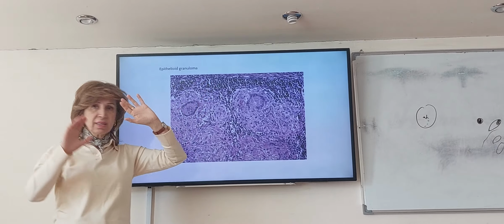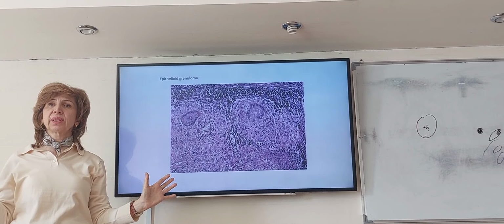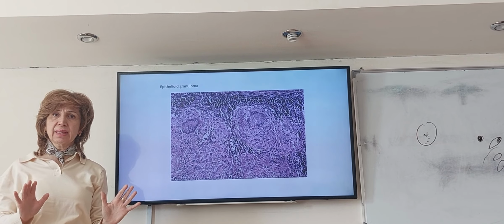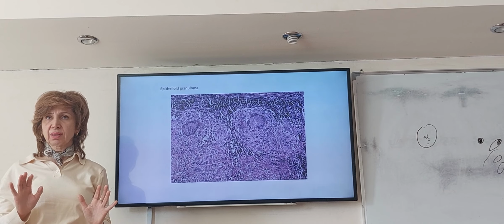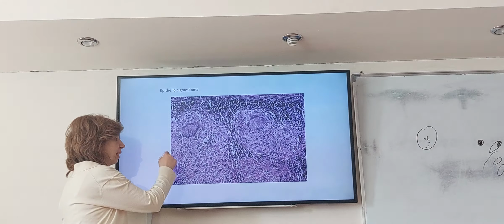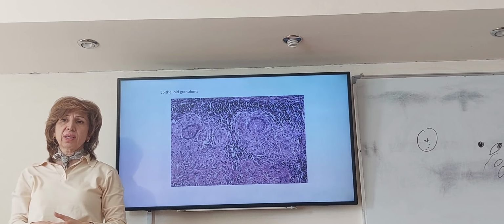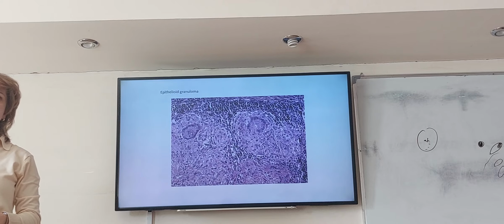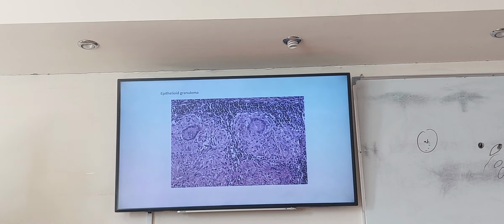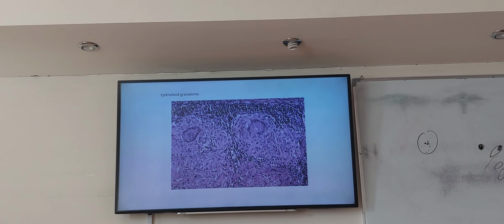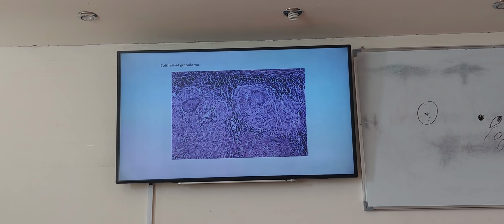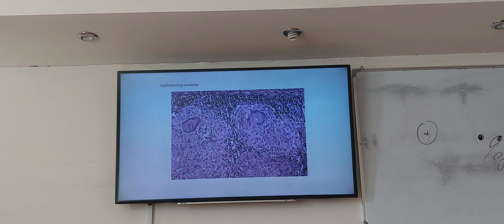These lymphocytes are not enough for you to see whether it is tuberculosis or not. You just tell me, non-caseating tuberculoid granuloma, because you see multinucleated giant cells of Langhans type. Epithelioid granuloma, excuse me, because I see Langhans sometimes in sarcoidosis also.